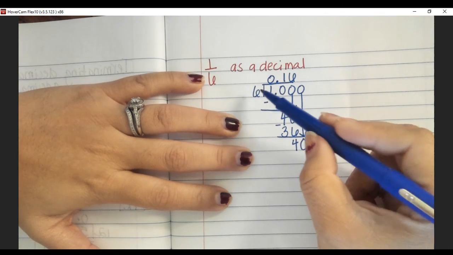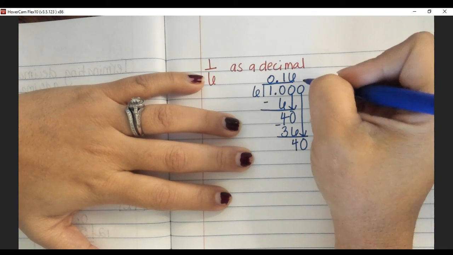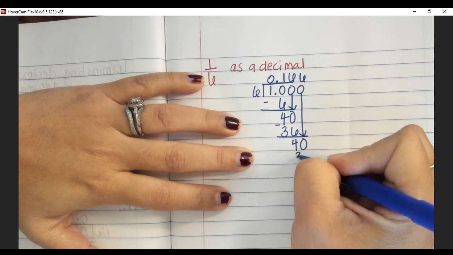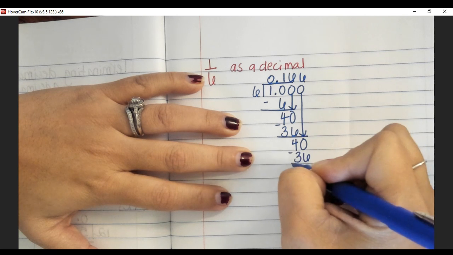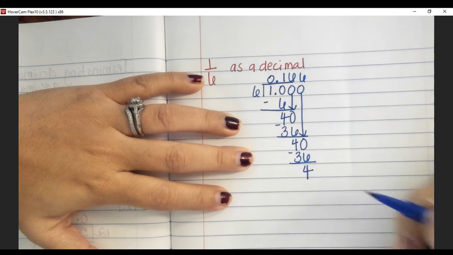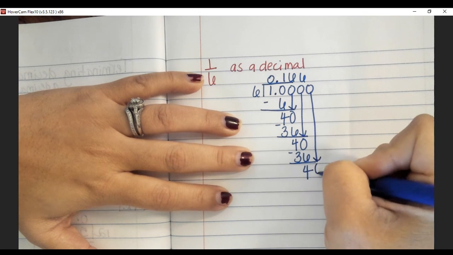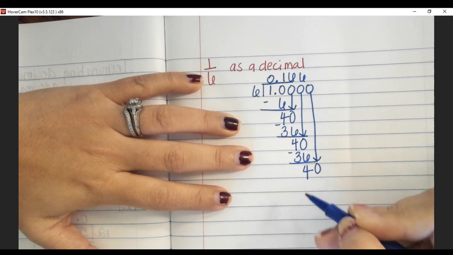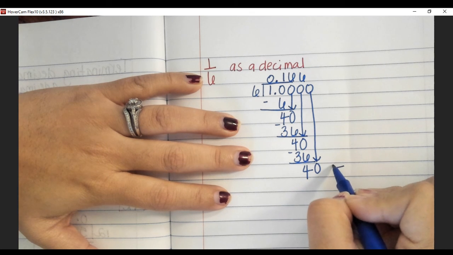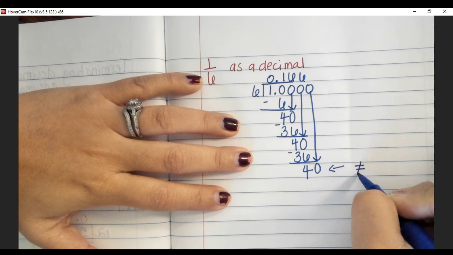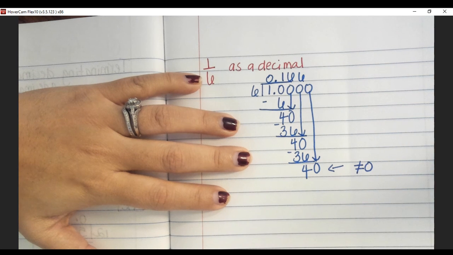I'm going to ask myself how many groups of 6 are in 40. 6 times 6 is 36. And you're going to start noticing a pattern. Well, what is happening every single time? If I continue to add this 0, I'm going to have 40 and I'm going to repeat this pattern. So this right here will never equal 0. Okay, my remainder is not going to be 0.